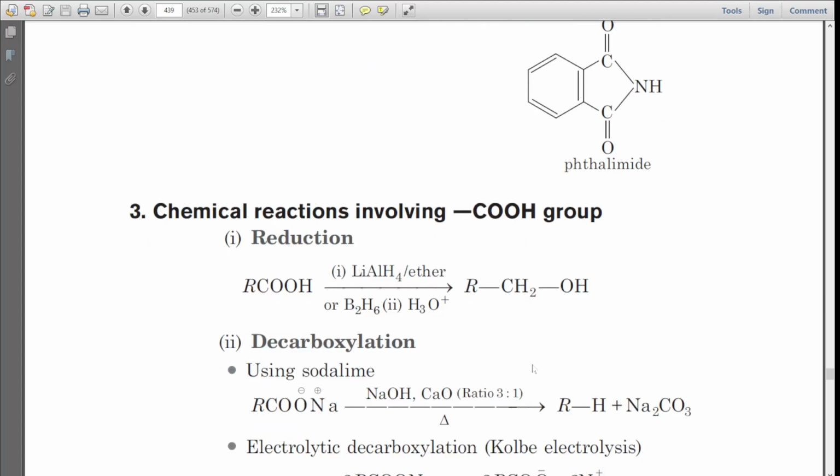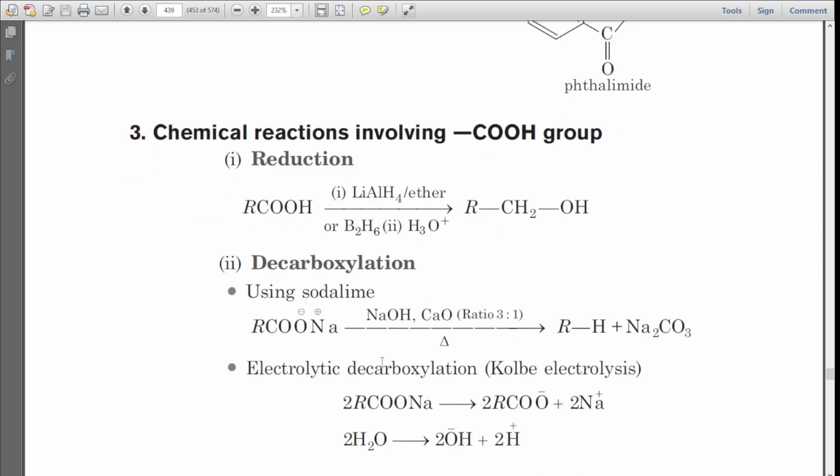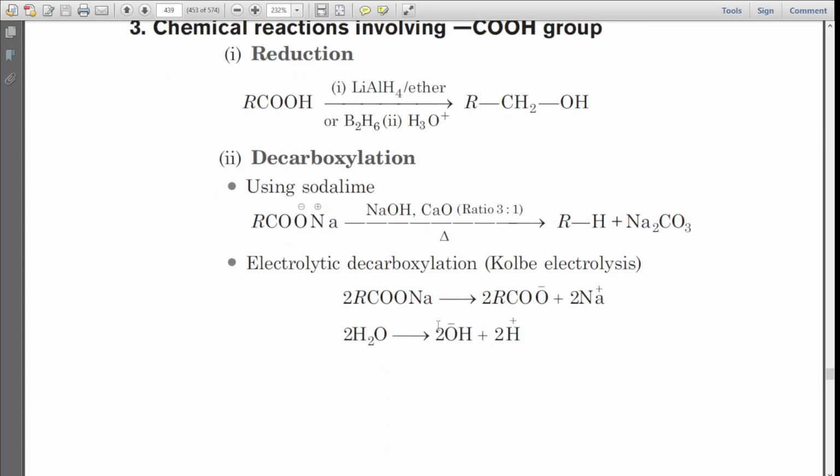Now reactions involving the COOH group reduction: it can be reduced by lithium aluminum hydride in the presence of ether, or B2H6, to form primary alcohol. Decarboxylation reaction using soda lime, which we have done in grade 11th also: sodium salts can be reacted with NaOH and calcium oxide in a 3:1 ratio to form alkanes.